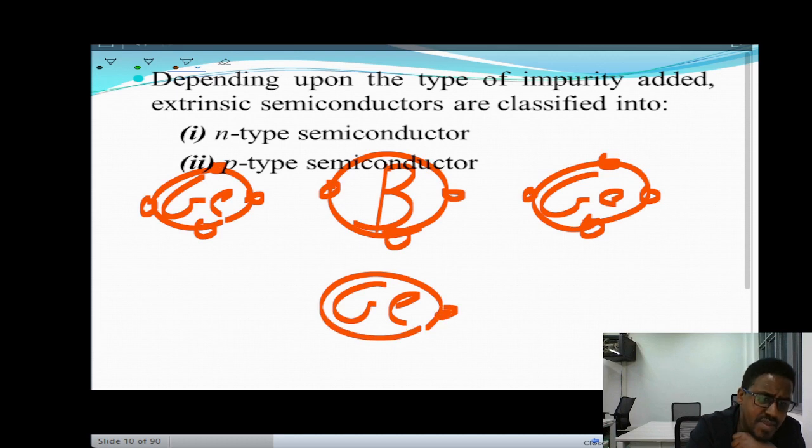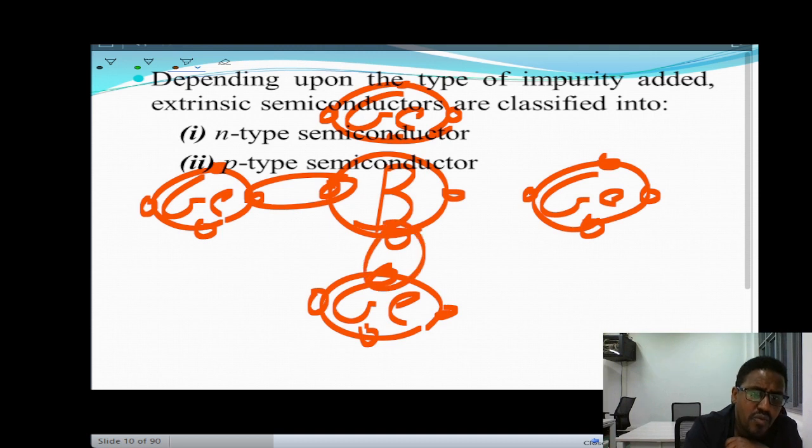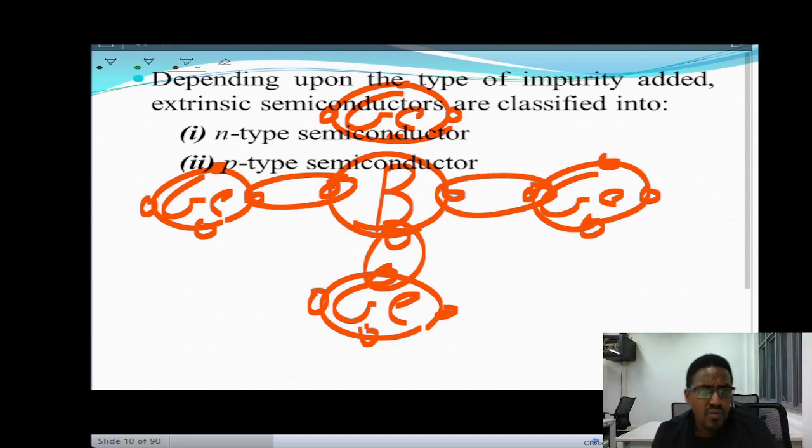So 3 of the valence electrons form covalent bonds with boron, but one remaining electron in germanium cannot form a bond because boron has 3 valence electrons and germanium has 4 valence electrons.